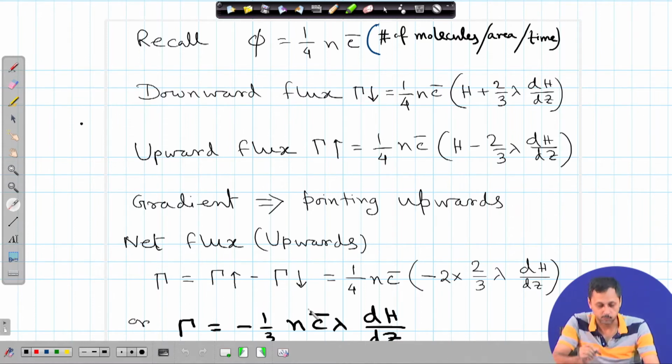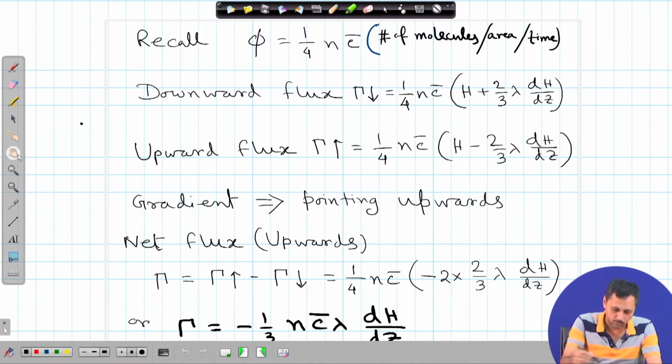Along the gradient means upward. So, we take upward minus downward, and if you just compute this subtraction, 1/4 n c bar H cancels out nicely from both the terms, leaving behind minus 2 into 2/3 lambda dH/dz, right.